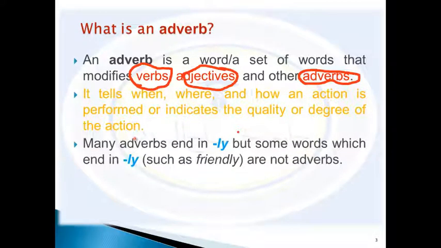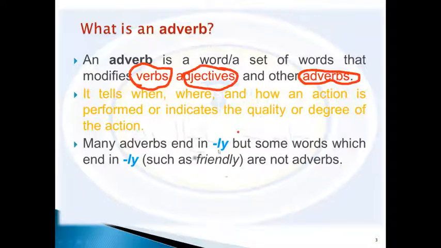And many adverbs end in ly. As we said here, quickly, okay, beautifully, add ly, so we'll find ly at the end of what? Of adverbs. Okay. But some words which end in ly, such as friendly, are not adverbs.